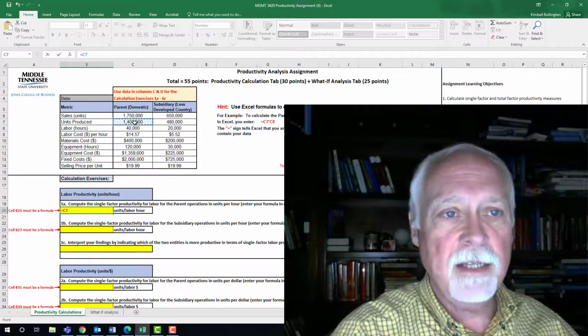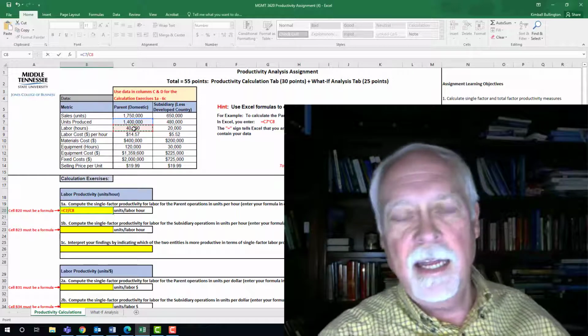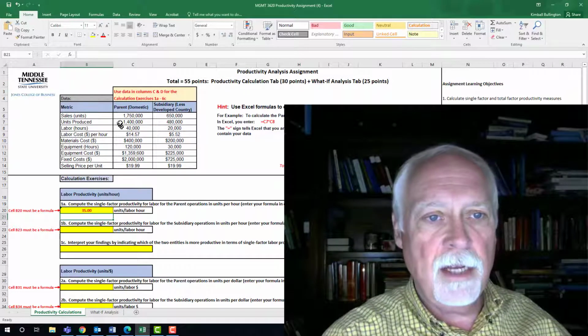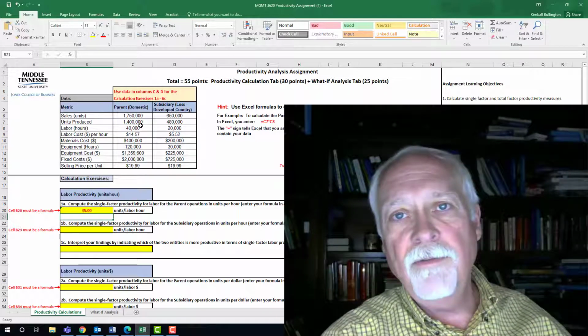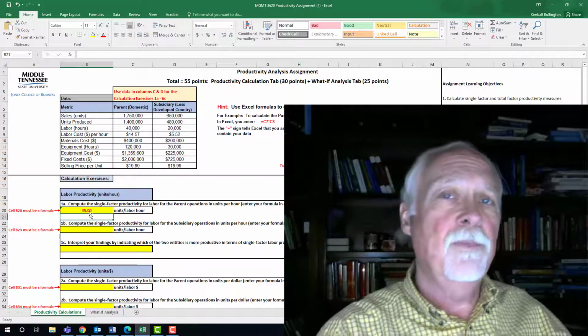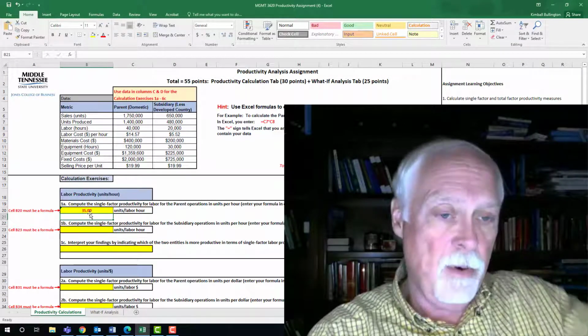It highlights it and writes it in, and then put my slash, and then click on the other cell, and it's there. So that calculates for me. What that does is take 1,400,000 and divide it by 40,000, and that's 35 units produced for every labor hour.